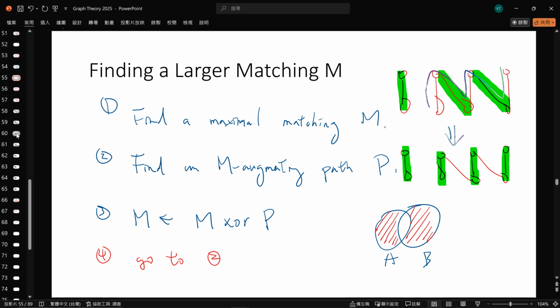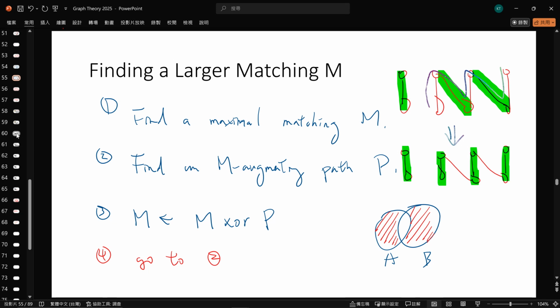So given this maximal matching, we want to find a way to create a larger matching. And the idea we had is that we want to have an augmenting path. In this path, first of all, it alternates between edges in your original matching and edges not in your original matching.